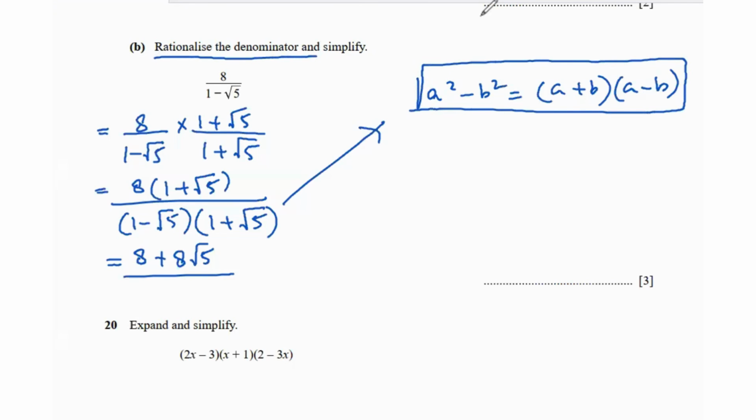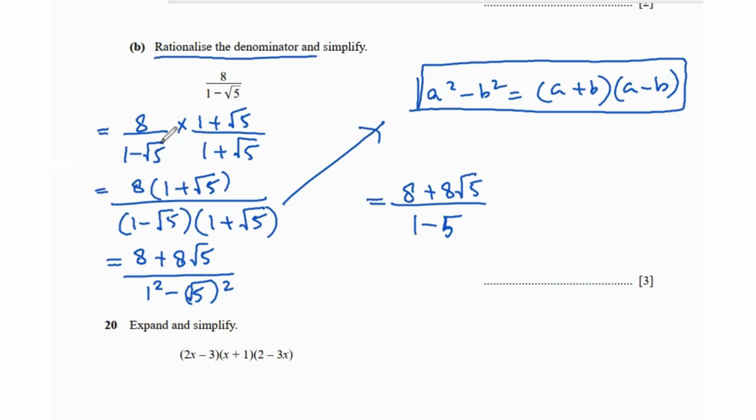We're trying to get rid of the square root from the denominator, because when you rewrite this, it's 1 square minus root 5 squared, and square of a square root is the number itself. So it becomes 8 plus 8 root 5 over 1 minus 5. As you can see, there's no root now, which is what rationalizing the denominator is. We're trying to get rid of the root.